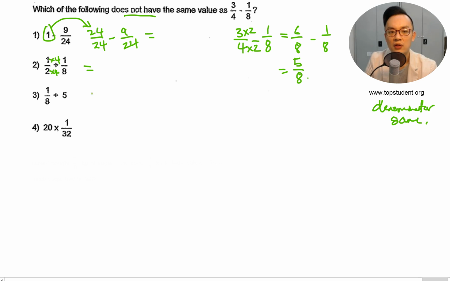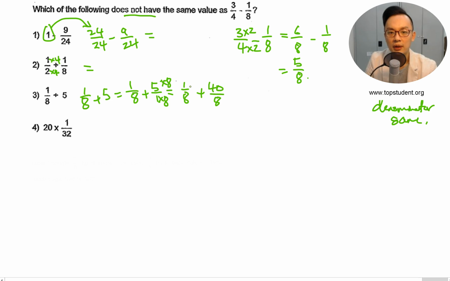1/8 plus 5, interesting. So 1 over 8 plus 5, you want to make it the same denominator, is 1 over 8 plus 5 over 1. Alright, 5 is the same as 5 over 1, so I change it to 8 times 8 times 8. 1 over 8 plus 8 times 5 is 40 over 8.